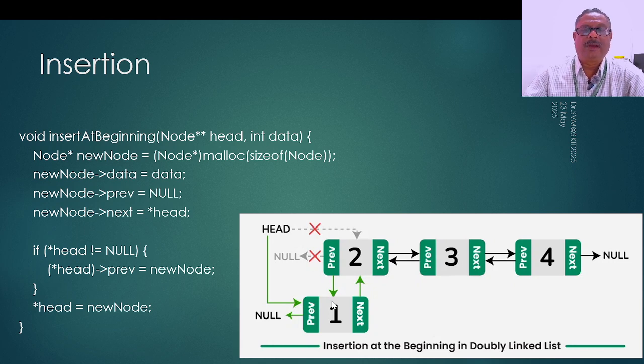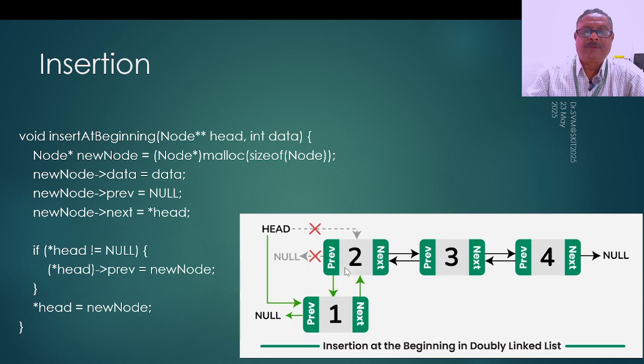So first we create the new node, add the data to it, then set the previous link as null, so that we claim that this doesn't have any previous node, and then the new node's next is the node called head.